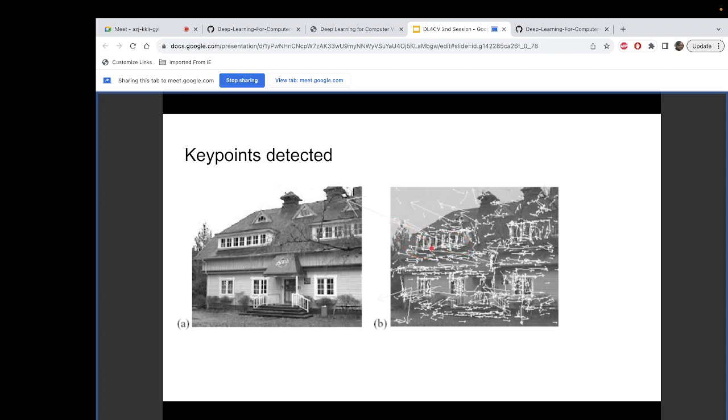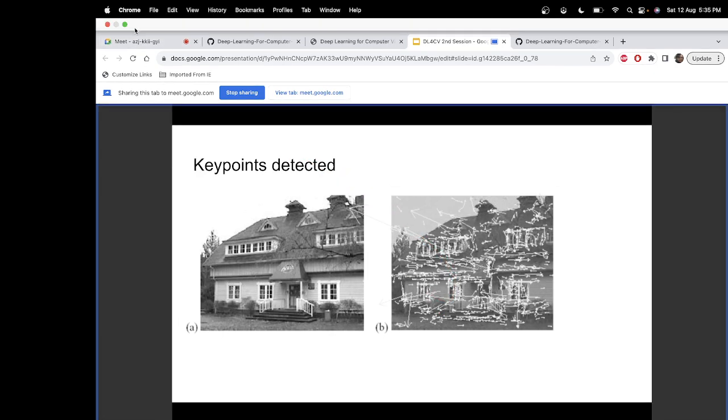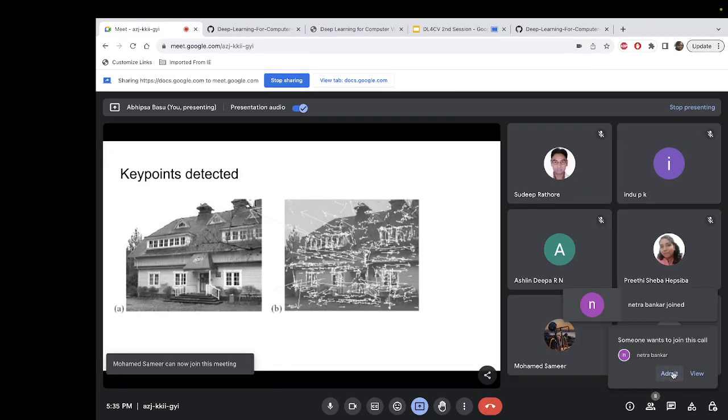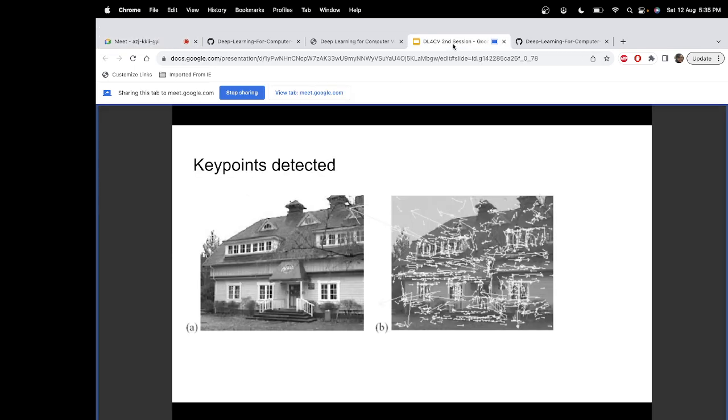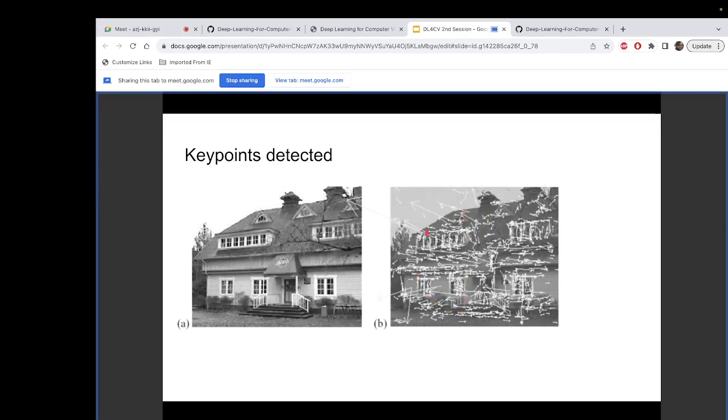So once I have detected the key points using the scale space extrema detection step, the first step, I will first run an algorithm to make sure that wherever I have placed the key points, I place them correctly.